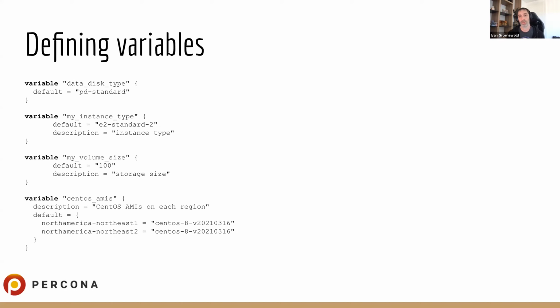And then you can call these variables from other parts of the code, okay? And also you can define for each of these a description argument that is optional, but it can be helpful to document what you're trying to do with these variables, okay? You can also set default values, and those require a literal value, okay?